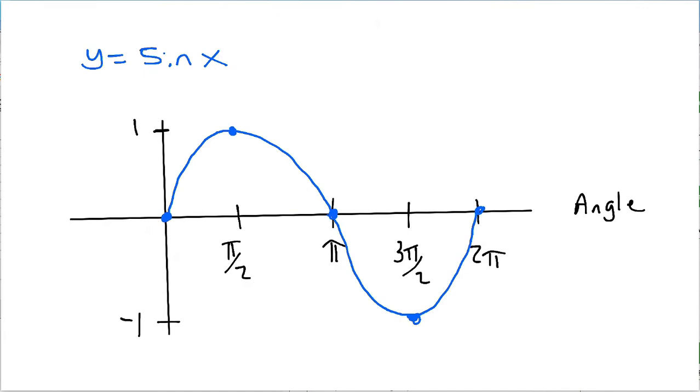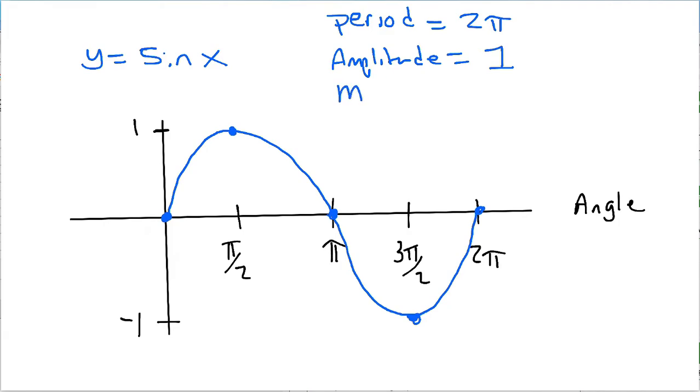So if you think about this curve being what you would term as periodic, the period, or how much it takes to repeat, is 2 pi. The amplitude, or how high it goes or how low it goes, is just 1.